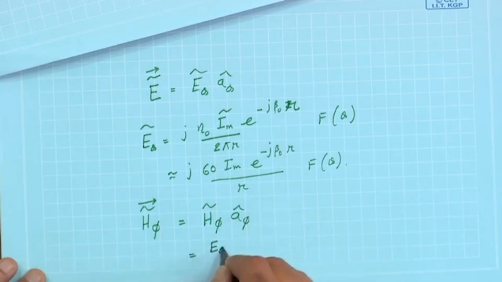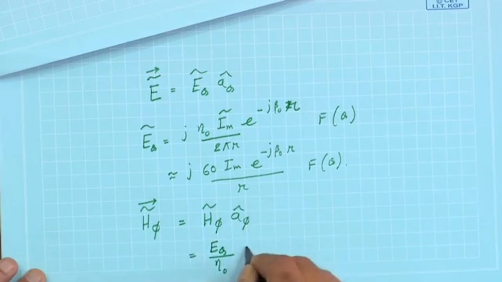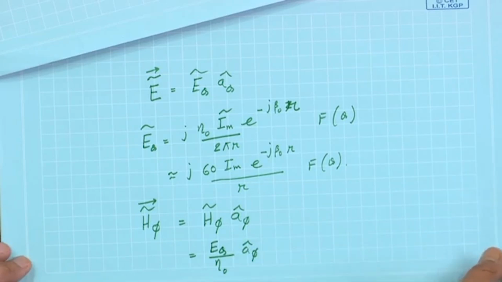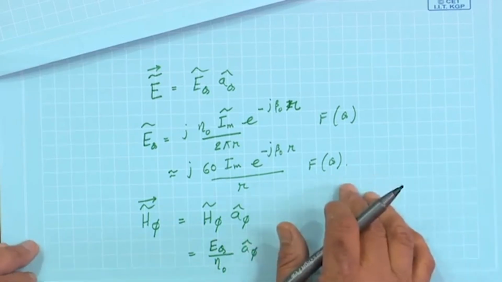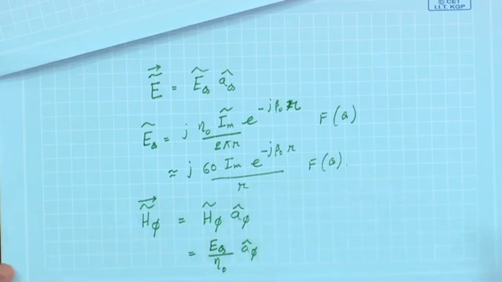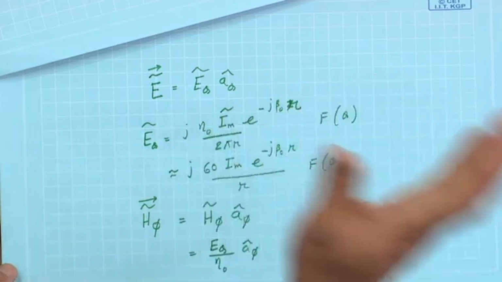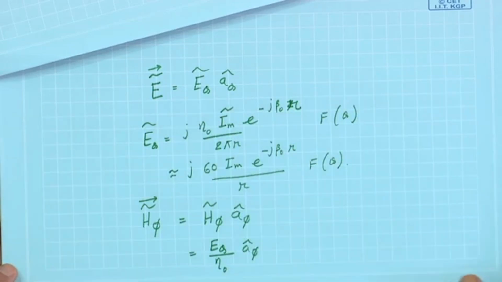This is nothing but E theta by eta naught. All the theta variation is here. That means, if we want to find the pattern, because this is a constant term, the pattern will depend on f theta.